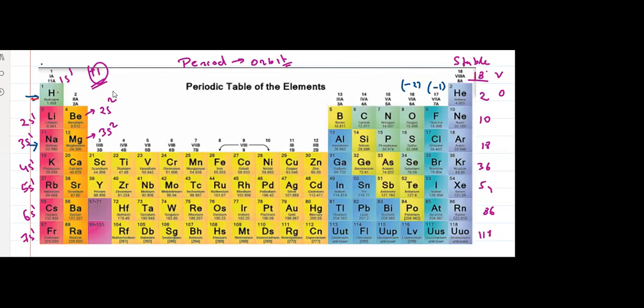So the number of outermost electrons in the outermost subshell is the same in a group, yes or no? So the properties would be more or less the same.